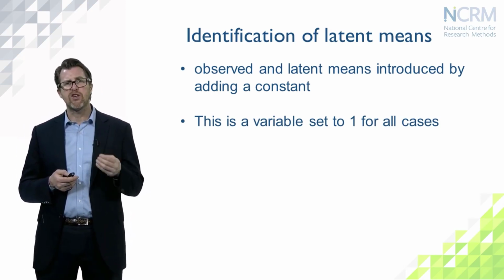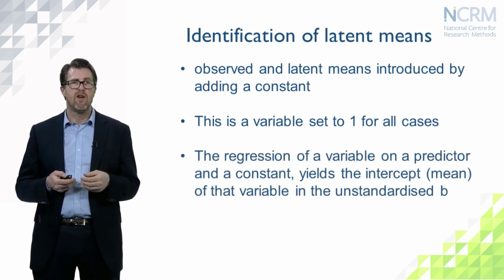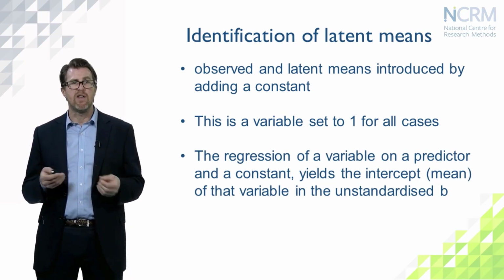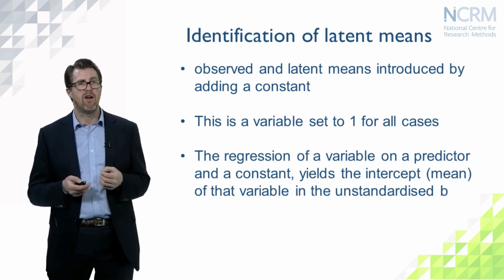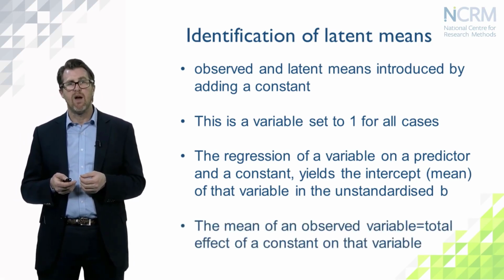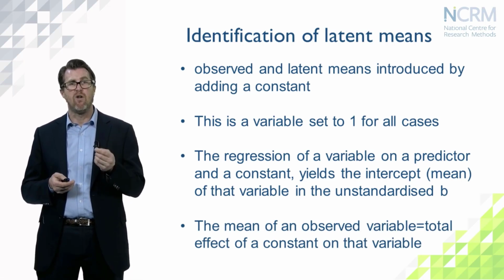Now, the regression of a variable on a predictor and a constant will give us the mean of that variable in the unstandardized beta of that regression. And the mean of an observed variable is the total effect of a constant on that variable.